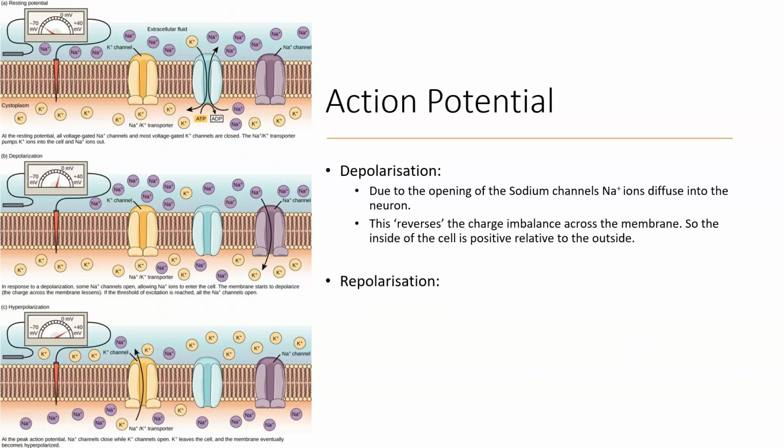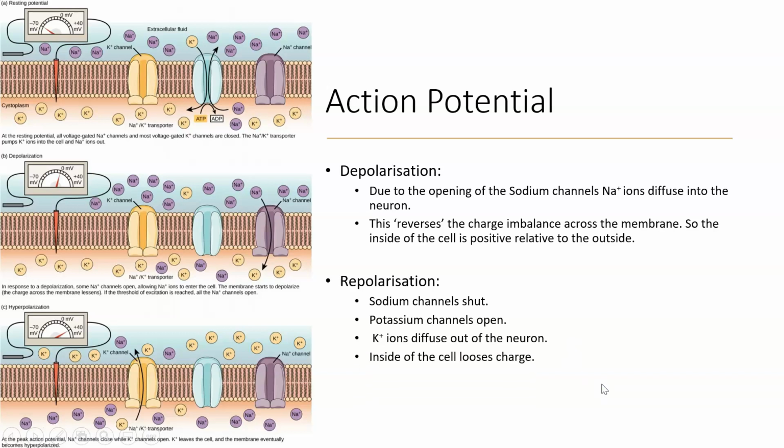And that moves along the axon. Behind that, those sodium channels shut, the potassium channels open, and potassium ions diffuse out of the neuron, recharging the neuron. So outside of the cell then loses that charge.